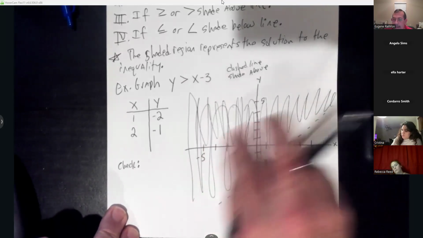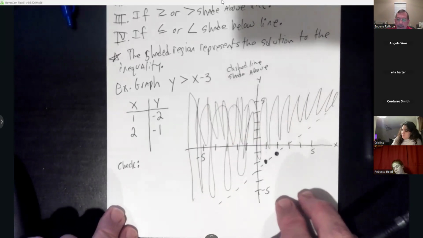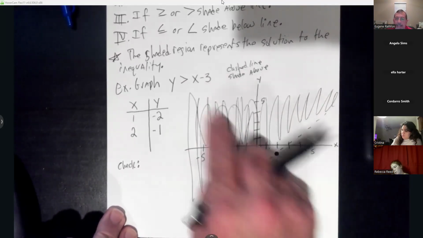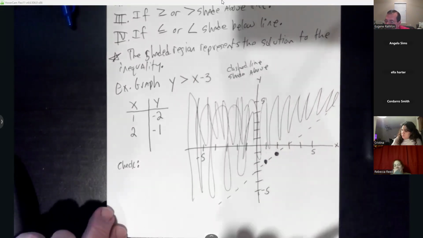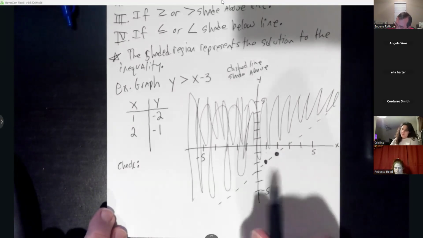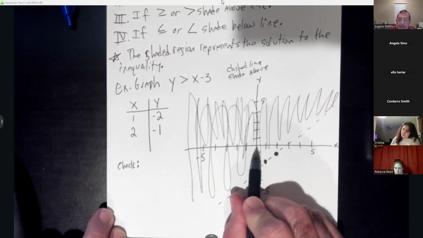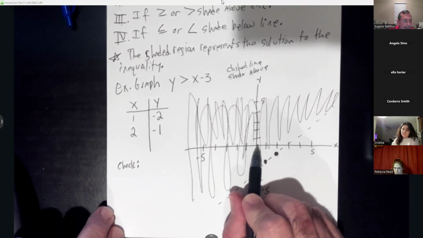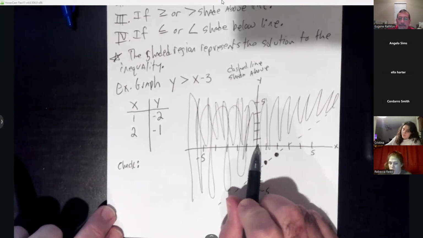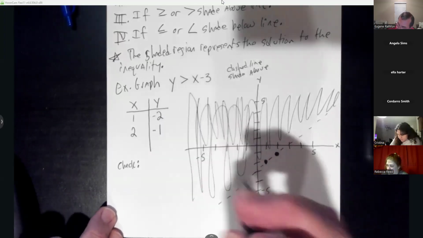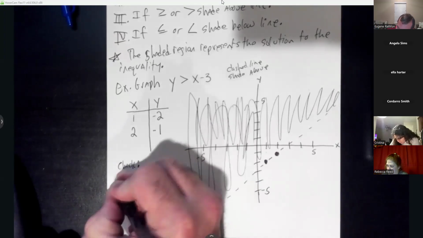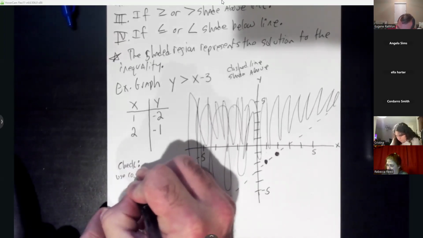Because remember, the shaded area has to be true in here. And on the line, since it don't have the equals, the stuff on the line will make it false technically, okay? So what's this point right here in the center? I'm just choosing me a test point that's right there in the center. So that's 0, 0. So y'all, I'm going to put a 0 in for the x and y and see if that's true. So I'm going to use 0, 0.